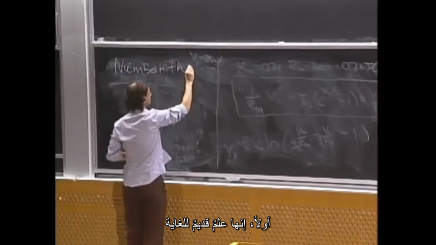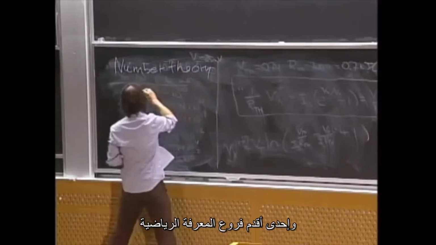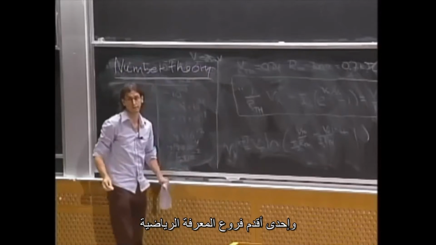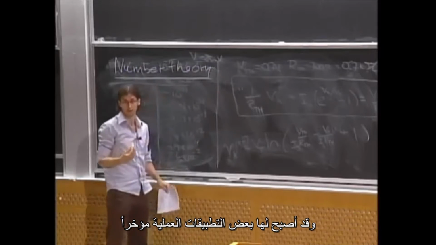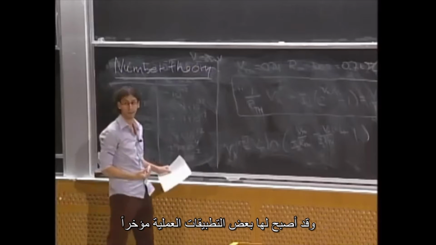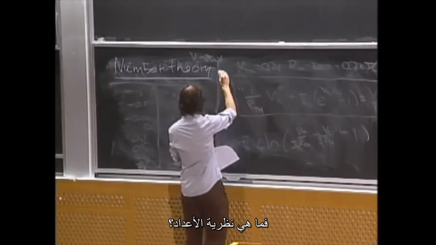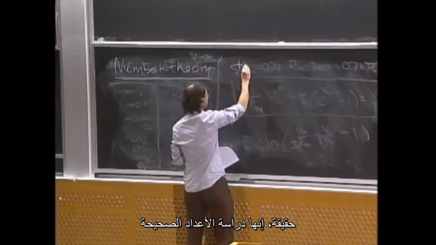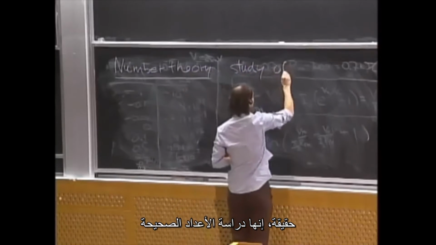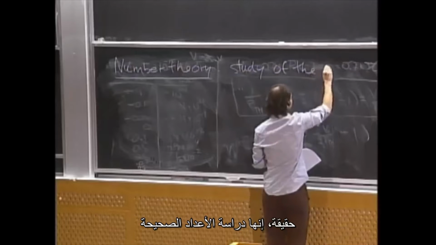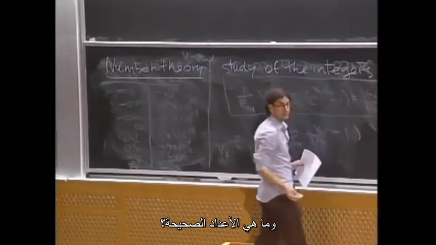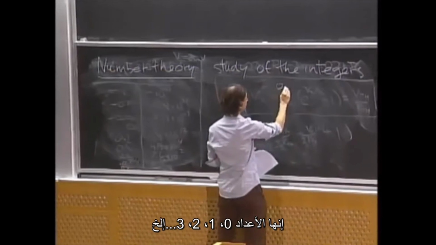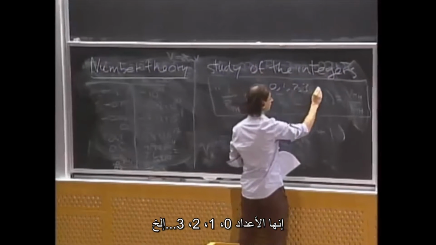Well, first of all, it's a very old science, one of the oldest mathematical disciplines, and only recently it got to have some more practical applications. It's the study of the integers. And what are the integers? Well, these are the numbers 0, 1, 2, 3, and so on.